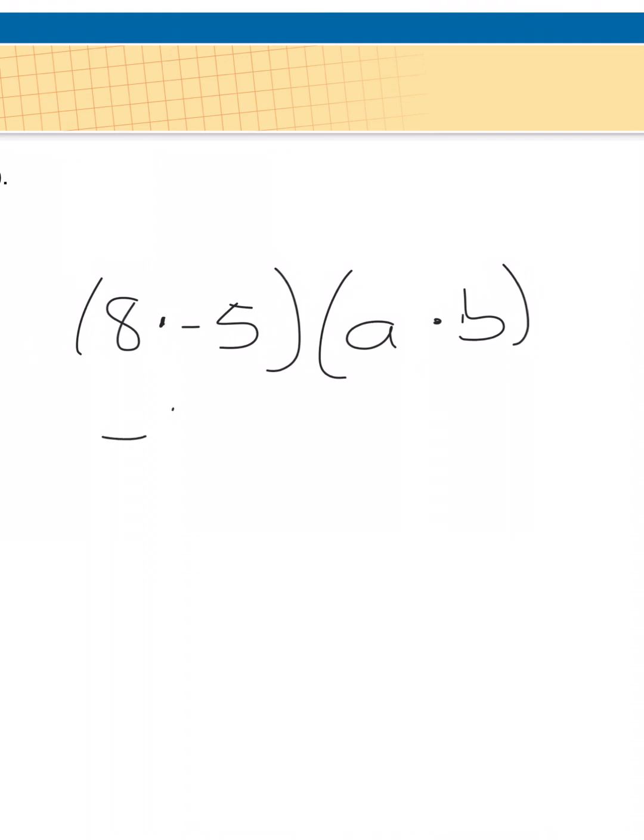What's 8 times 5? 40. You combine the letters with the answer you got. So, what's my final answer? Negative 40AB. And you know you're done when you only have one number. You don't want that 8 and that 5. You want to multiply those together and combine them.